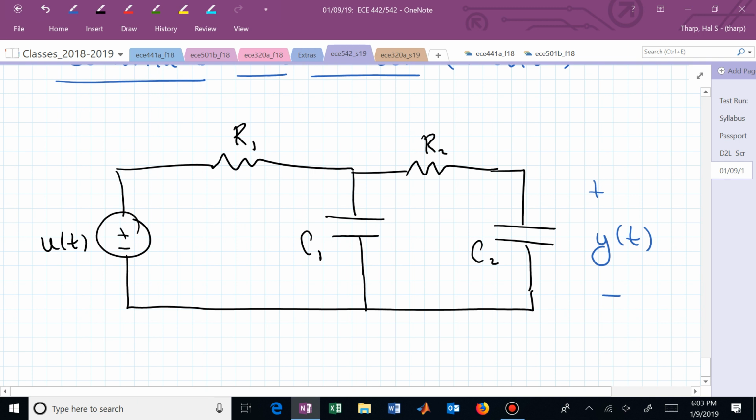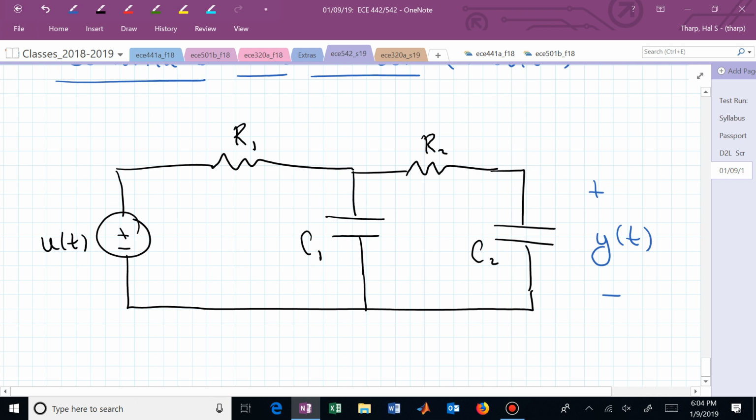Is it fifth order? Is it fourth order? I've got 4 discrete parameters, an R1, an R2, a C1, and a C2. I went to the stockroom and picked those up before class, so I want to use them. Do I have a fourth order system then?